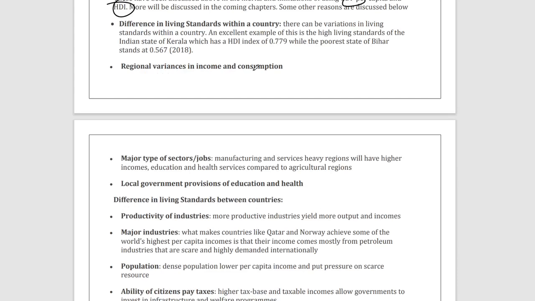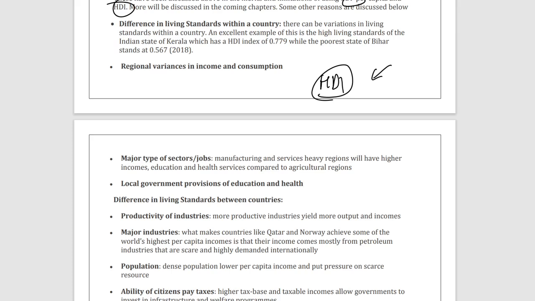The first one, difference in living standards within the country. Now, this is because the HDI, okay, can be varied from country to country with the help of the methods that we have looked at. So that's quite self-explanatory, okay. The way we calculate HDI, we calculate for all countries, and that's why there can be a difference in living standards, because not every country has the same education, healthcare, income.